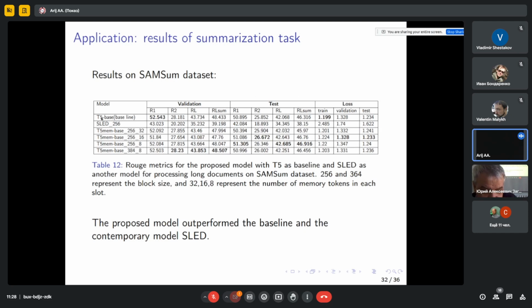So T5 base is consuming the long input as it is, while T5 mem base is chunking the input. And as I explained before, the computational cost grows linearly with the number of chunks, not quadratically with the input length, as in T5 base. Does that answer your question? Yeah. Спасибо. Welcome.